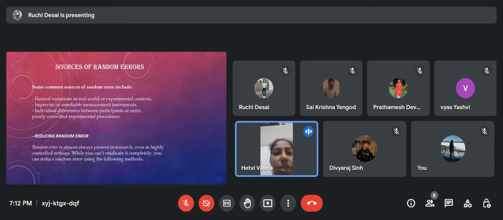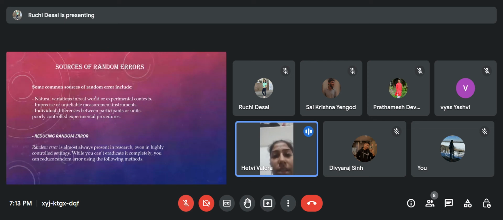Next, sources of random errors. Some common sources of random errors include variations in the real world or experimental context, imprecise or unreliable measurement instruments, individual differences between participants or units, and poorly controlled experimental procedures.